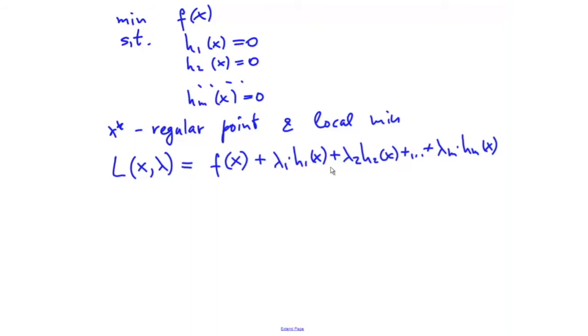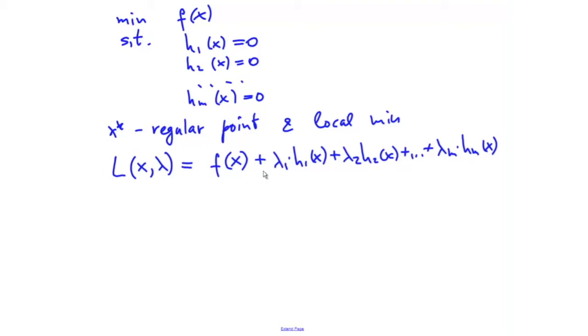So in particular, if we had a feasible point for which the hi's of x are all equal to 0, then L of x, lambda will be the same as the objective function that we have for our problem.